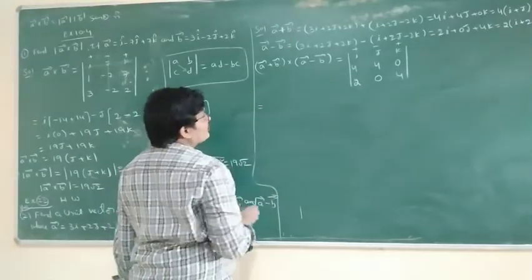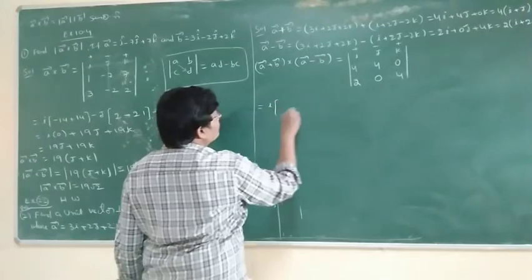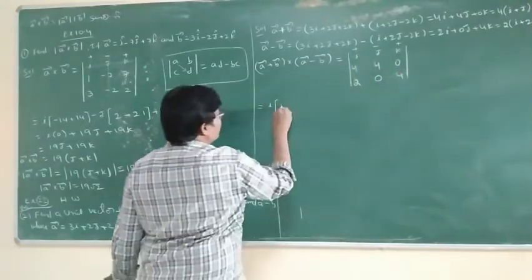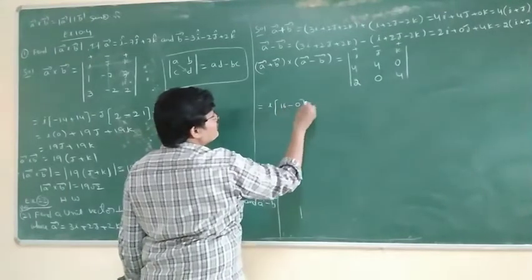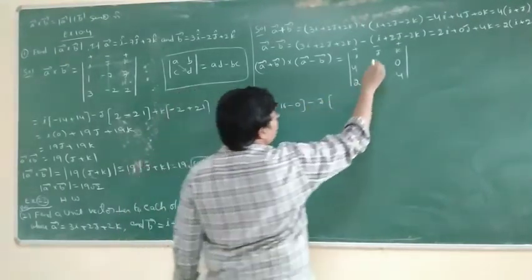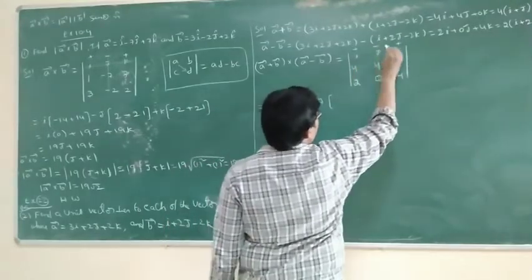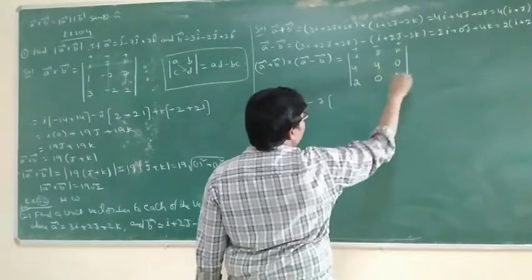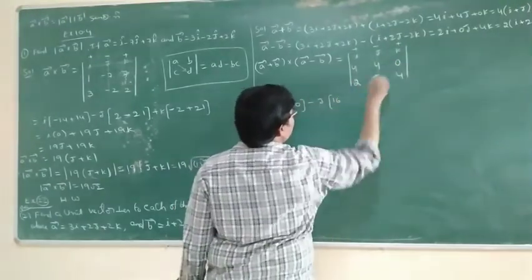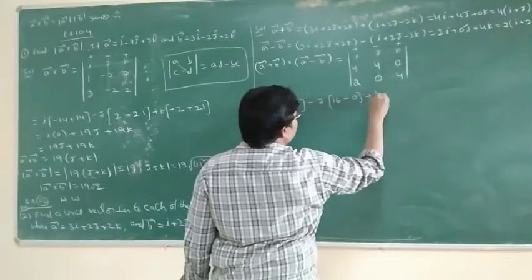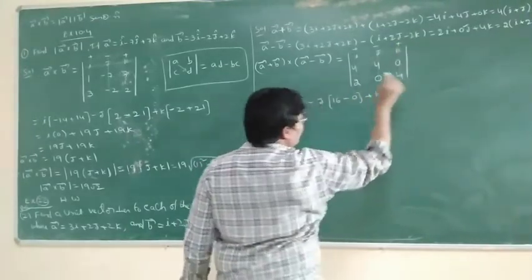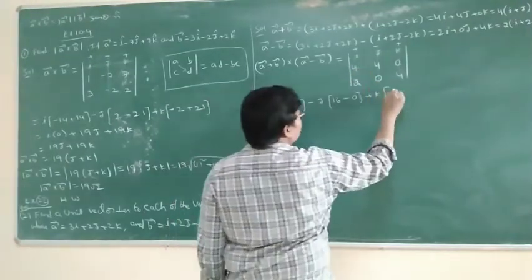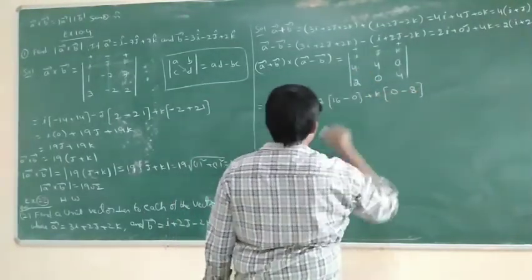So that is equal to i into, with the corresponding row and column deleted, the remaining 4 into 4 is 16 minus 0 into 0, minus j into, with the corresponding column deleted, 4 into 4 is 16 minus 2 into 0 is 0, plus k into, with the corresponding row and column deleted, 4 into 0 is 0 minus 8.